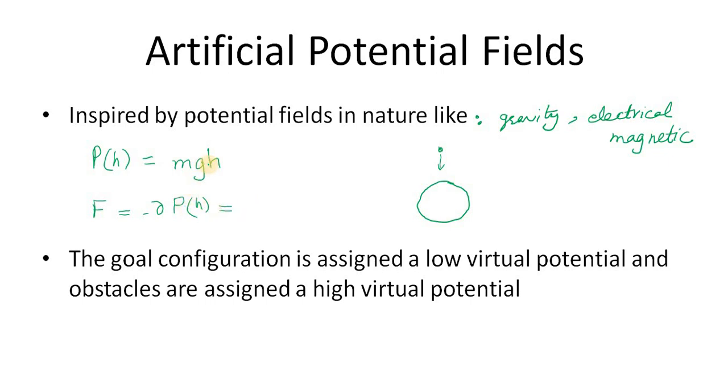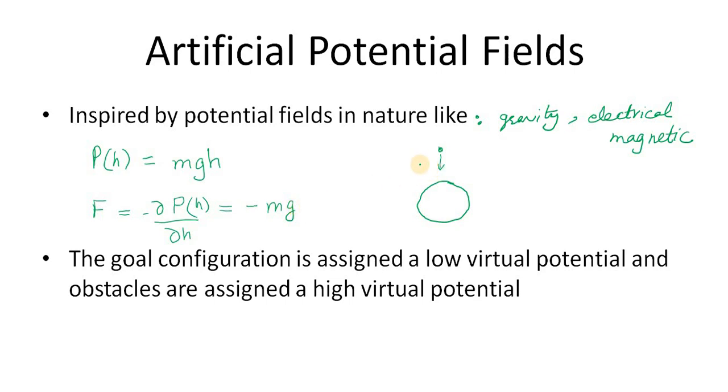Taking the partial derivative with respect to h gives minus mg. So the force experienced by an object in a gravitational field is minus mg.